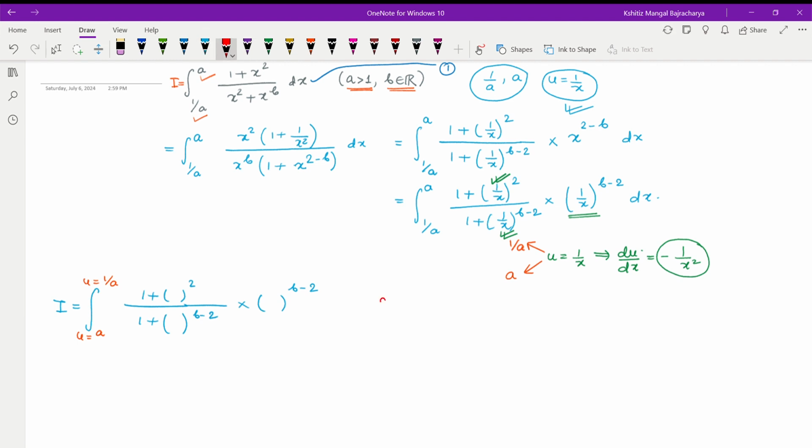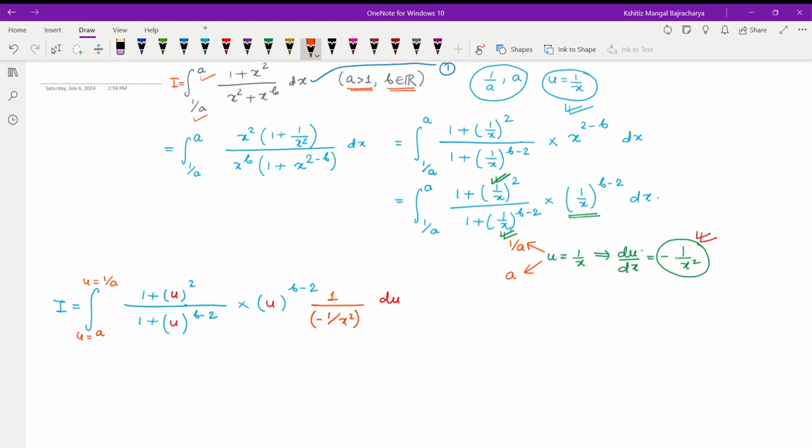So here's du, all of these are u's, and the substitution factor is 1 over minus 1 over x squared.